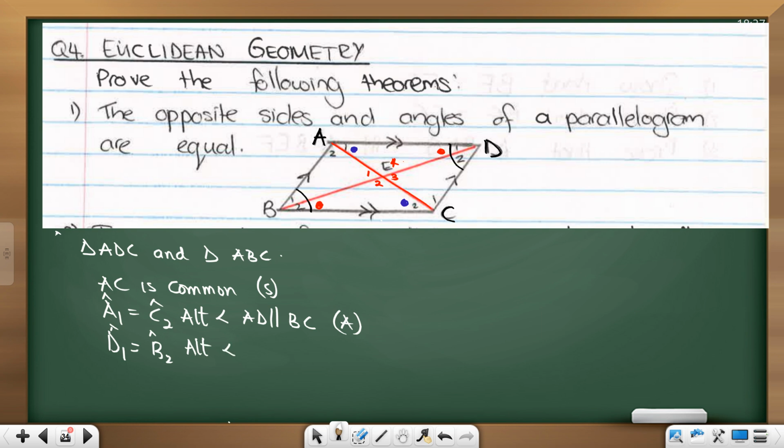Angles. Right, which line are we talking about? Then say, therefore, triangle. Now, be careful how you label this.